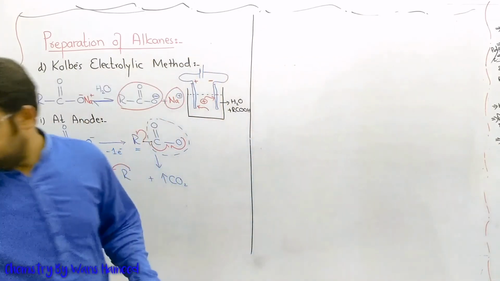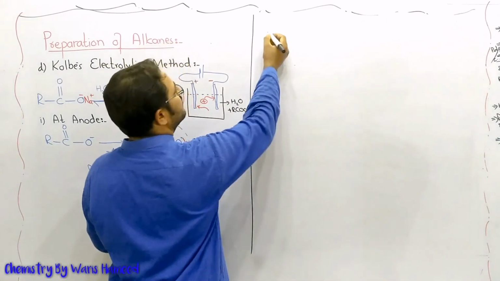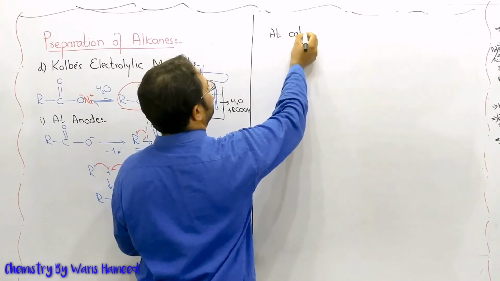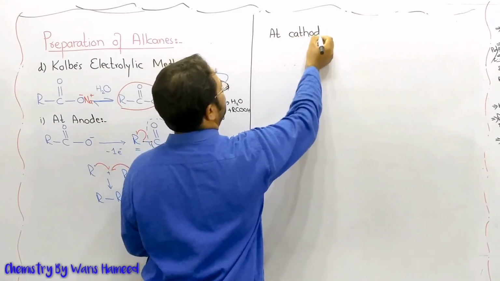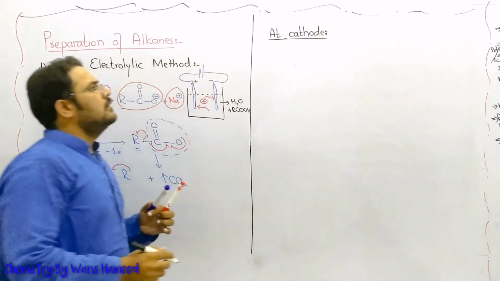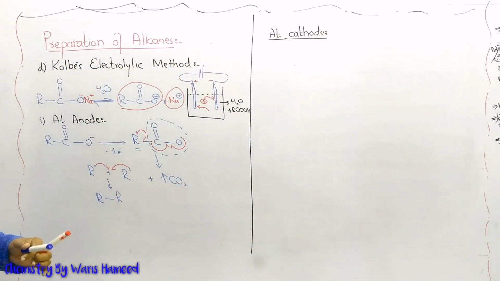Second reaction at cathode. Cathode is actually the electrode having negative charge.